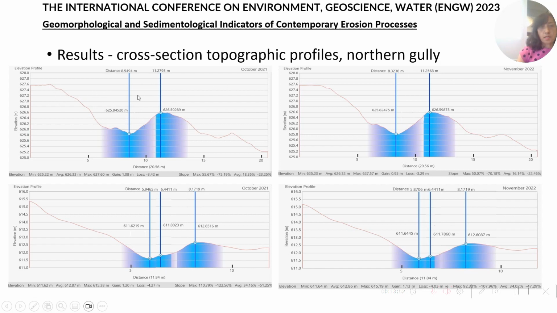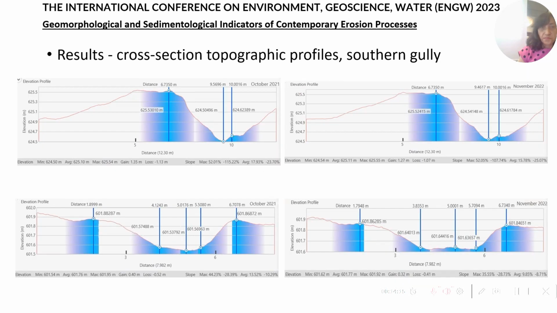The first one is from the upper part of the gully, and the second row shows the changes in the elevation profile in the low part of the gully. If we consider the results in detail, changes are more visible in the low part of the gully.